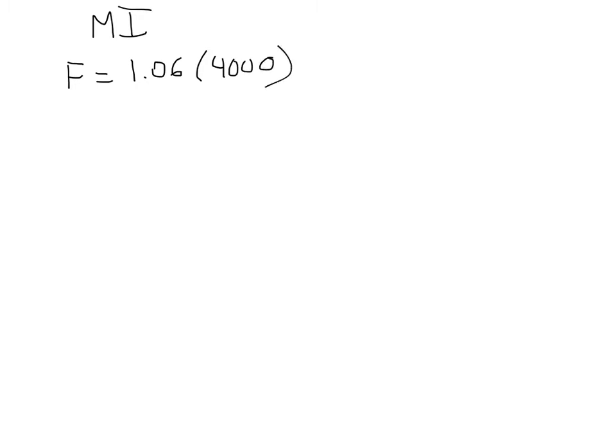Not drawing it very well, but good. In Illinois, the final amount is going to be very similar, 1.0625 times the $4,000. All right. So basically all you have to do is multiply.